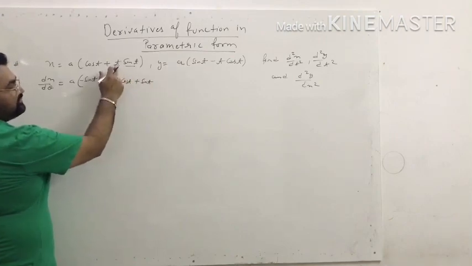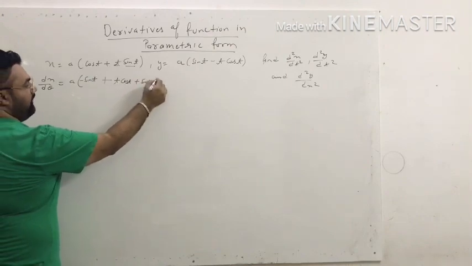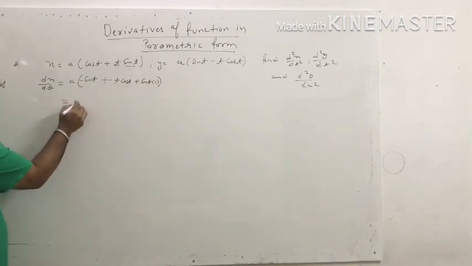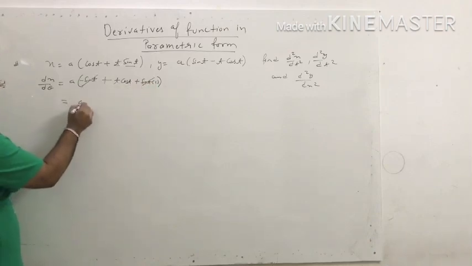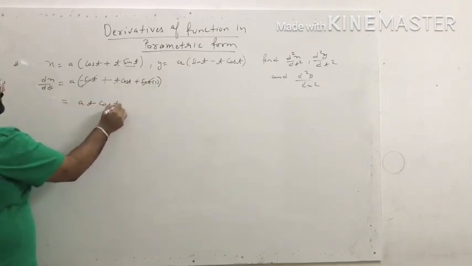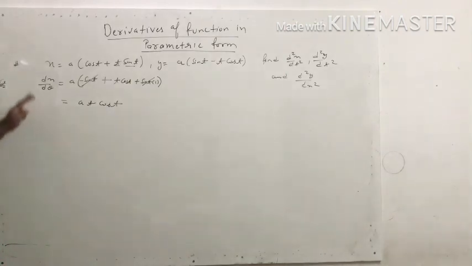The derivative of t is 1. So −sin t plus sin t cancel out, and the final answer is a t cos t. So we get the value of dx/dt, because we are taking the derivative of x with respect to t.